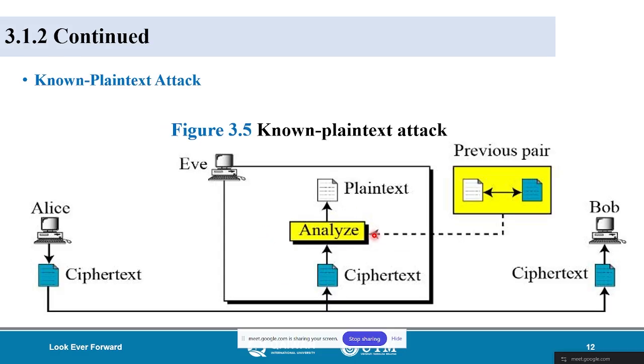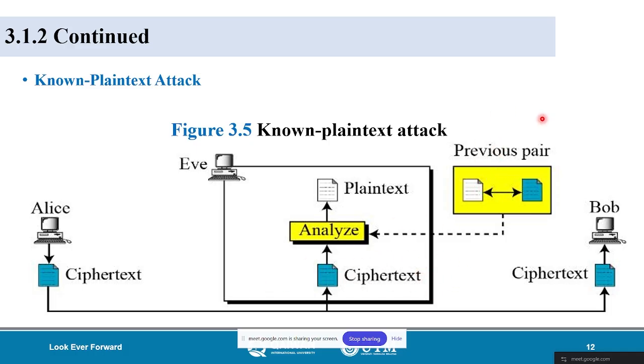Now, known plaintext. Alice wants to send the ciphertext to Bob. Bob gets the ciphertext. However, the ciphertext is also intercepted by Eve. Now, Eve will try to analyze it in order to get the plaintext. However, unfortunately, Eve was able to get the previous ciphertext.